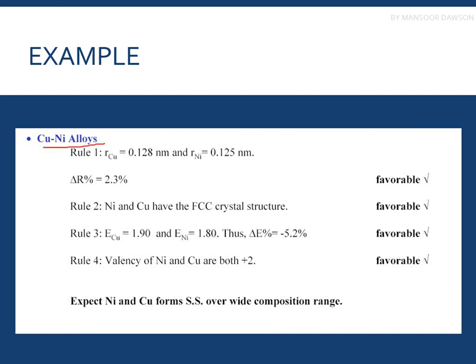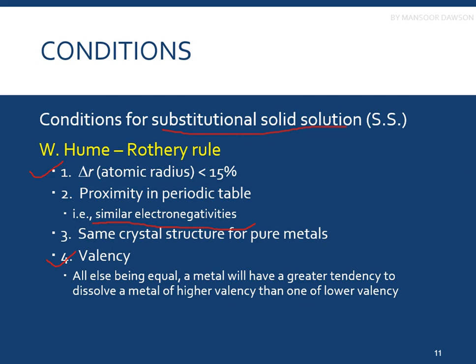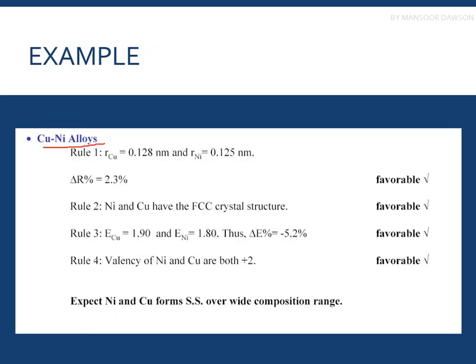We have to check all these four conditions in order to say whether the solution is substitutional or interstitial. First, we'll check the difference between the radii. We know that the radius of copper is 0.128 nanometers and the radius of nickel is 0.125 nanometers.